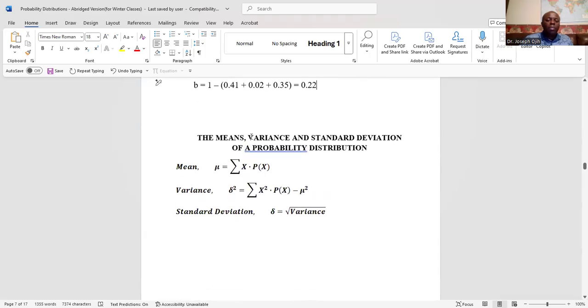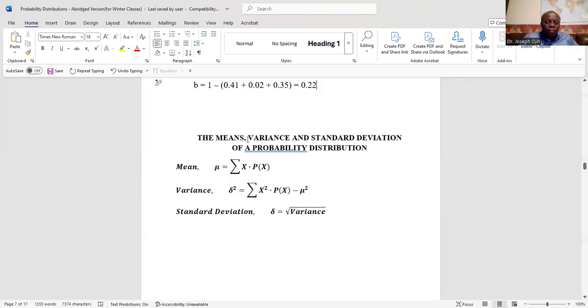Let's see how to find the mean, variance, and standard deviation of a probability distribution. Remember, we have done the mean, variance, and standard deviation before at the beginning of this class, but we did it for a frequency distribution. Now we are doing it for a probability distribution. So even though they are the same mean and variance, the formula now is different because we are factoring in probabilities.